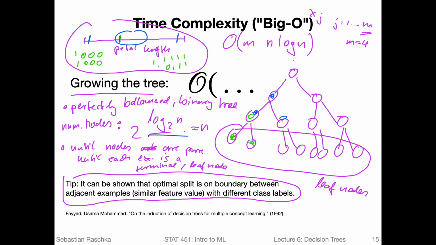That's a simplifying assumption that we make to do this analysis. So we know there are n nodes here. What I mean is, at the bottom we have n nodes if each node is one training example. So this is n nodes. However, we care more about the splitting nodes, right?